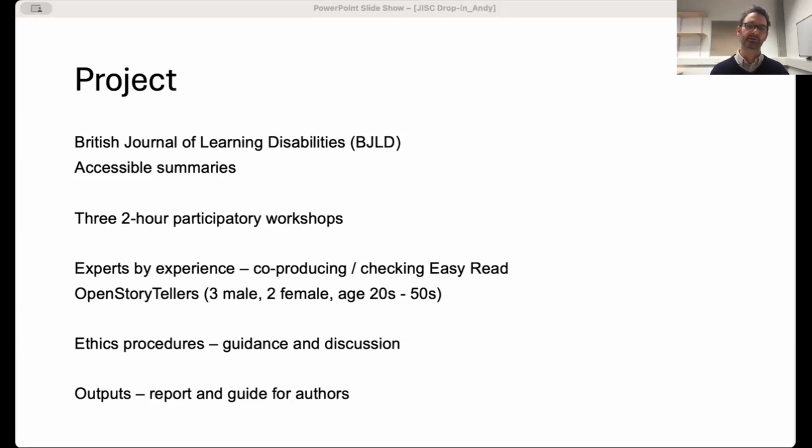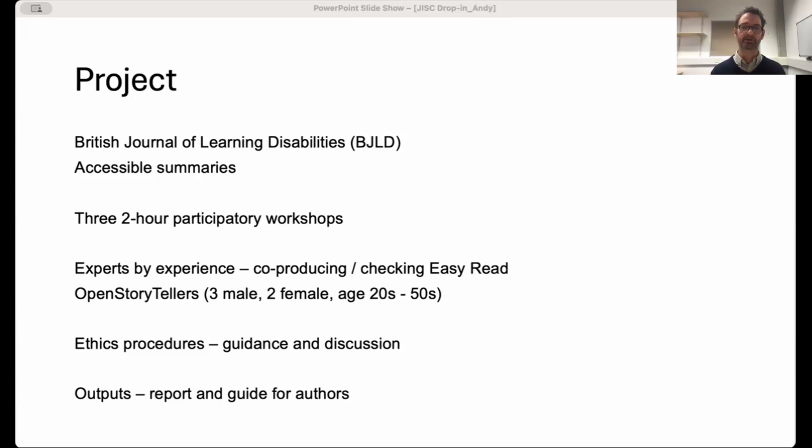So we did this through collaborating with Users by Experience in a series of participatory workshops. We conducted 3 2-hour workshops over consecutive weeks with 5 members of Open Storytellers at their base in Frome in Somerset.